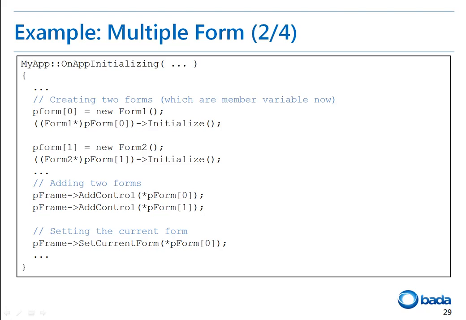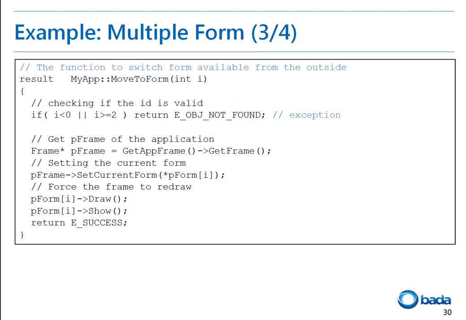While the source code created by the template creates one form, in this function, I've created two forms. After that, I've added each of the forms to the frame and set the current form as one of the two forms. This moveToForm function changes the currently displayed form based on the input parameter and form number.